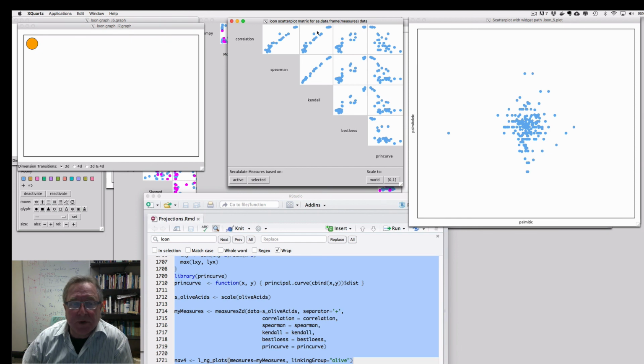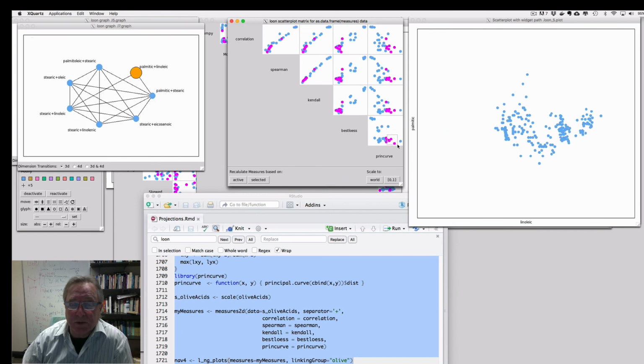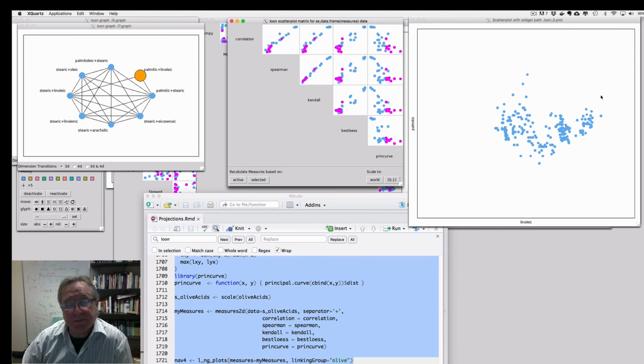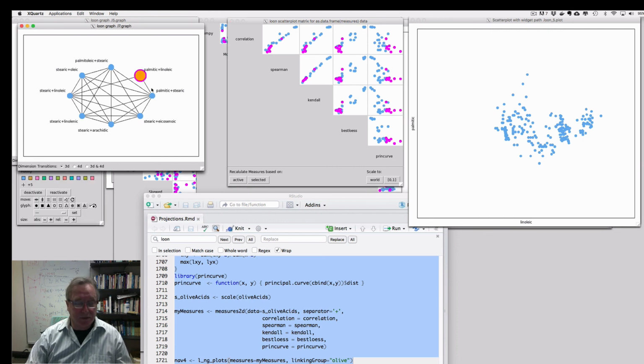These are the ones that have largest Spearman and largest Pearson correlation. They also have the largest Kendall correlation. And we might look at the ones that have the highest value of the lowess or the highest value of the principal curve. So there's a value there. So we can look through that data set there.